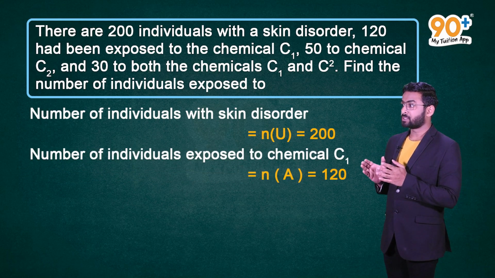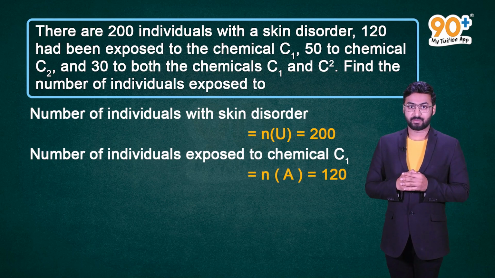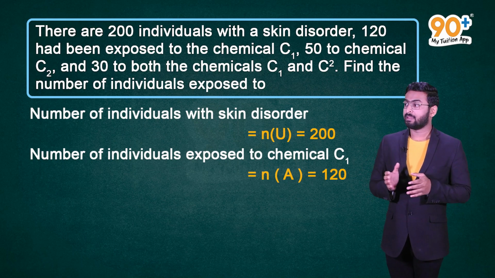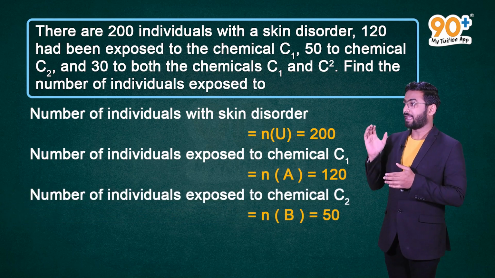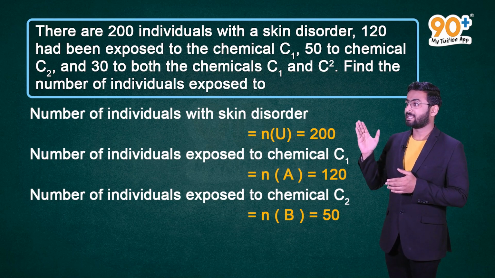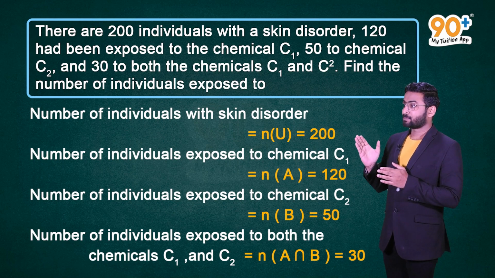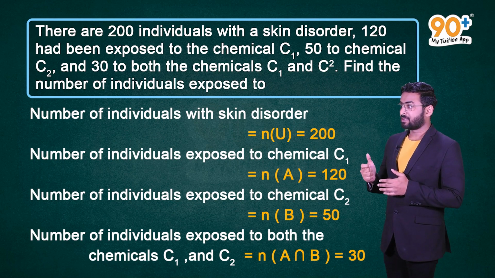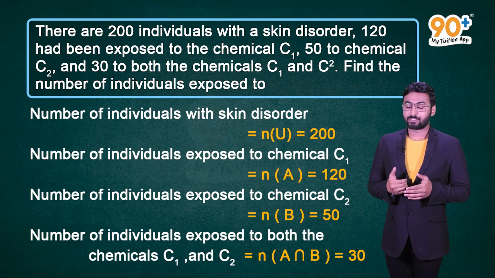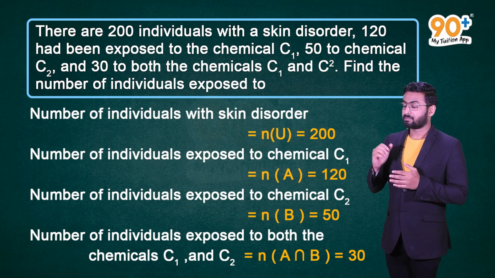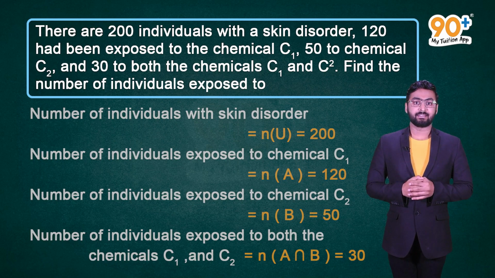Number of individuals exposed to chemical C1, that is n of A, is equal to 120. Number of individuals exposed to chemical C2, and that is n of B, which is equal to 50. And number of individuals exposed to both the chemicals C1 and C2, which is equal to n of A intersection B, is equal to 30.